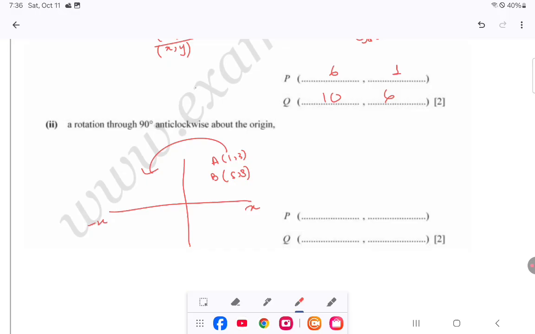Now for the reflection, P becomes (3, 1) and Q becomes (8, 5). But since x is negative in the second quadrant, the values of x will be negative, so P reflected is (negative 3, 1) and Q reflected is (negative 8, 5). This is our answer if the shape is rotated through 90 degrees about the origin.